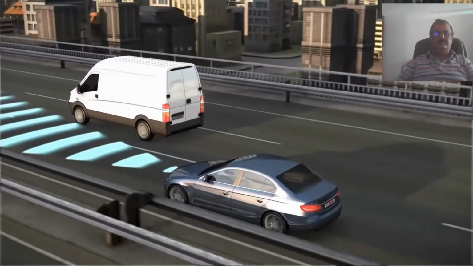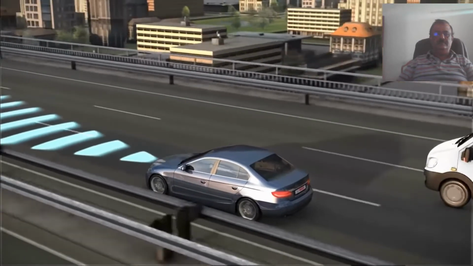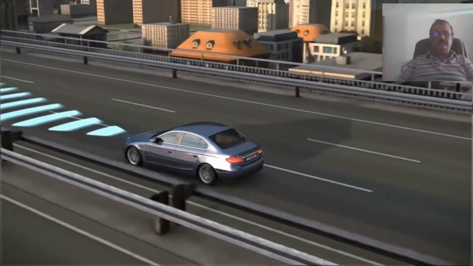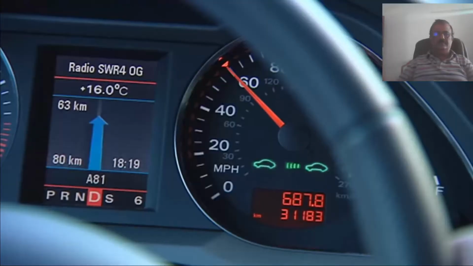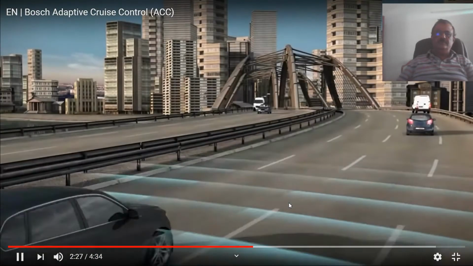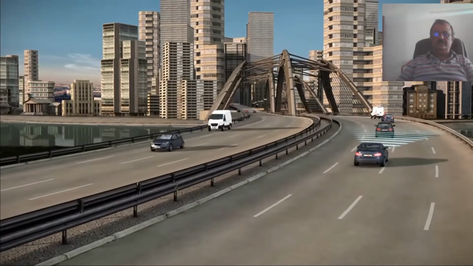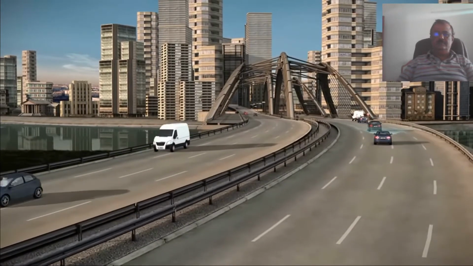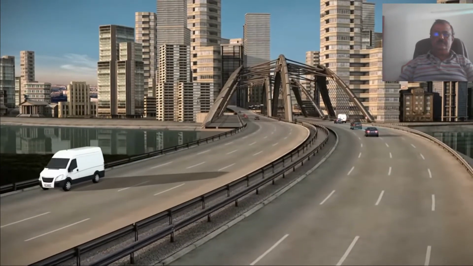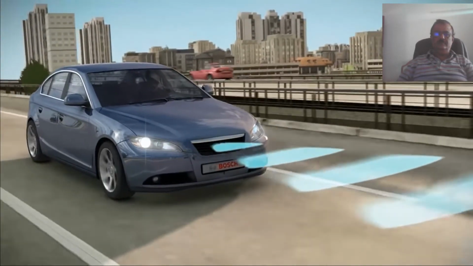Even when ACC is switched on, it remains the driver's responsibility to monitor the speed and distance from the vehicle ahead at all times. The driver can override or switch off the function at any time. The standard ACC can be activated from speeds of around 30 km per hour upwards and can support the driver, particularly on cross-country journeys or on freeways, up to speeds of around 200 km per hour.